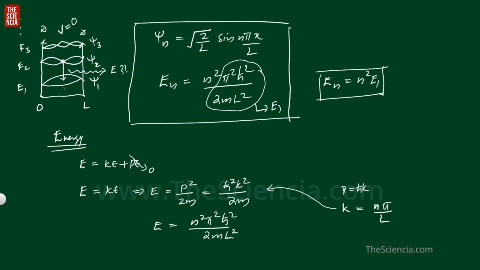How can we find it out? This is our problem. A particle is in some state and it is jumping from this state to a lower state. Generally, I am considering this as the n plus 1th state and this one as the nth state.